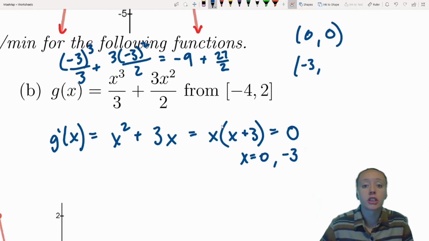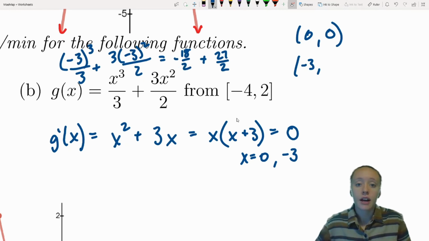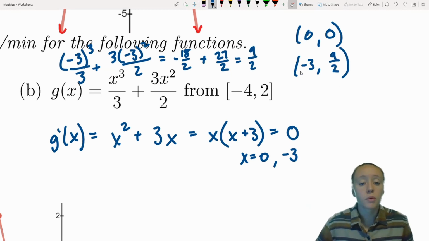So -9 plus 27 over 2. If I was to combine those, I'll write -9 as -18 over 2. And 27 minus 18 is a positive 9. So 9 halves. So at -3 in the x, I'm at 9 halves in the y.